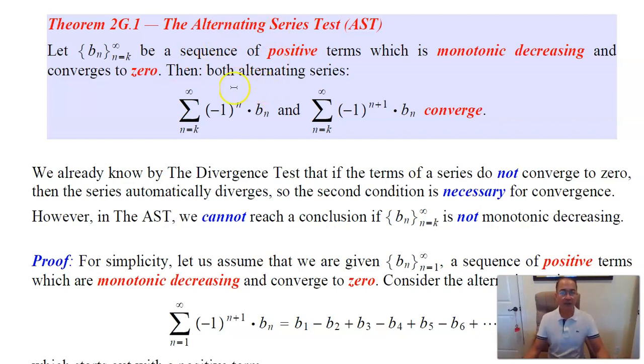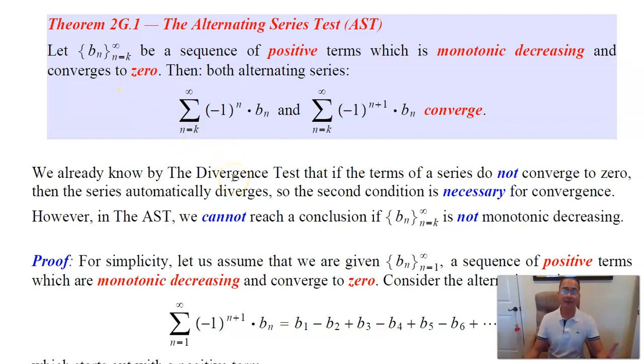Then the two alternating series that we defined earlier both converge. And again, that only makes sense because if this converges, then its negative, which is this series, must converge, and vice versa.